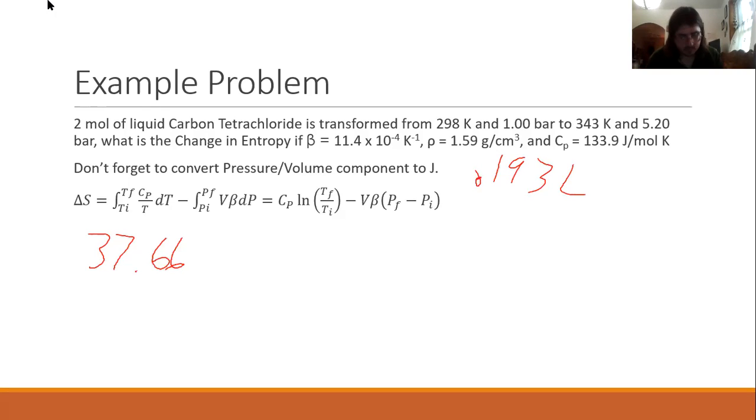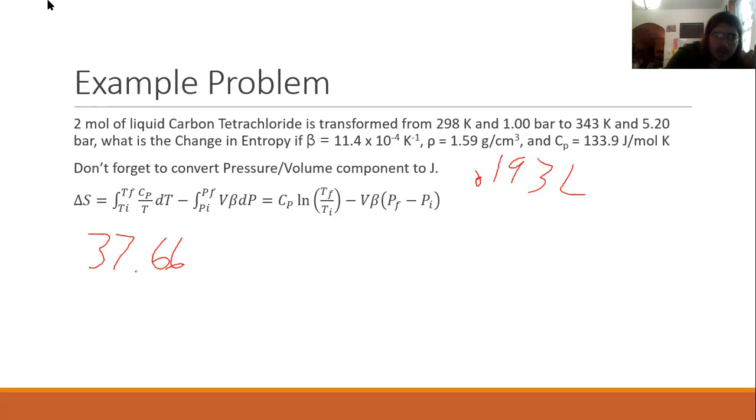times 10 to the negative 4th per Kelvin, times our pressure change, which goes from 1 to 5.2. So for a really small number, in bar liters per Kelvin, then there's the conversion by 100.